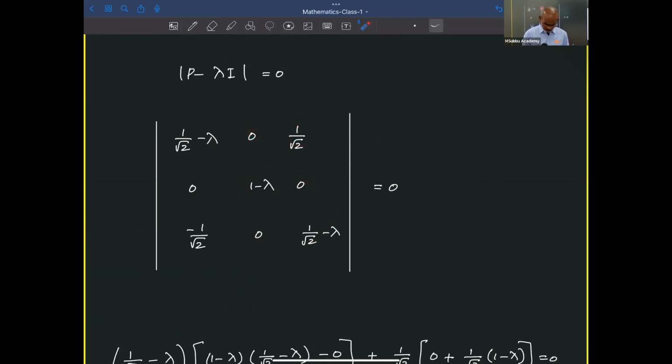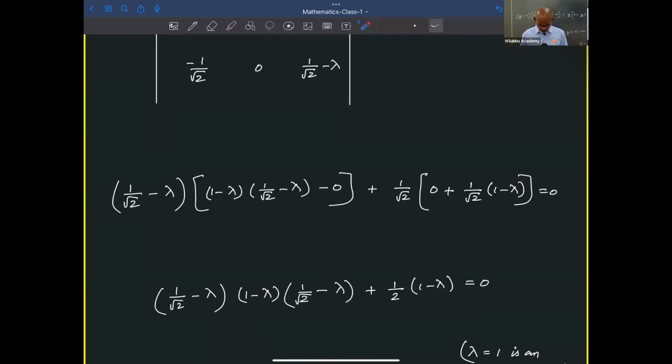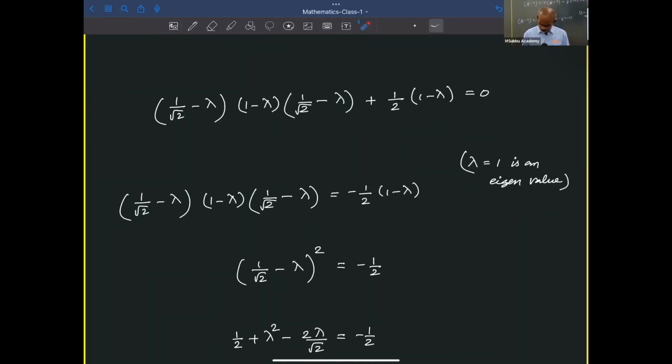For the second term it will be 0, and again there is 1 by root 2 multiplied by this. So you will have this cubic equation, and luckily this factor is common, so that we can group it out. By that way, of course, lambda equal to 1 is also an eigenvalue. Anything making this equation 0 is an eigenvalue, right? So lambda equal to 1 is also an eigenvalue.